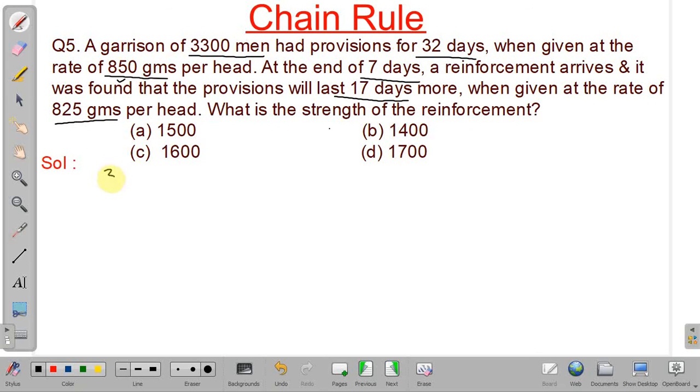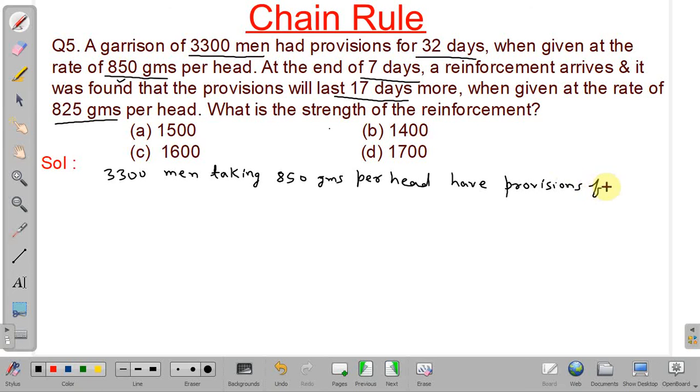So we can write 3300 men taking 850 grams per head have provisions for 32 minus 7, that is 25 days.